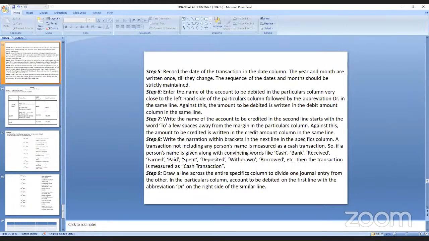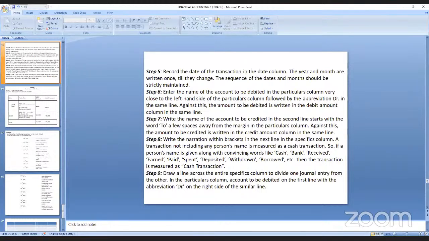In the 6th step, enter the name of the account to be debited on the left-hand side, abbreviated with Dr. In the 7th step, write the name of the account that is credited in the second line.